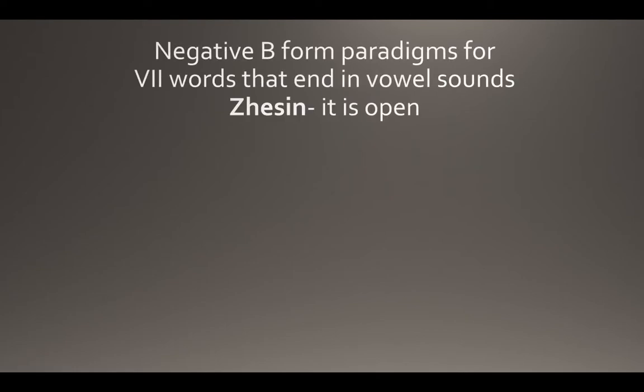Moving on. So negative B form paradigms for VI words that end in N sounds. This is a typo. It should say N sounds. So we're using our verb sin, meaning it is open.